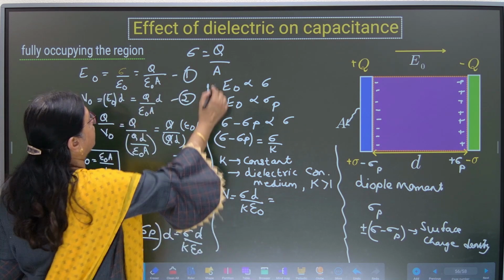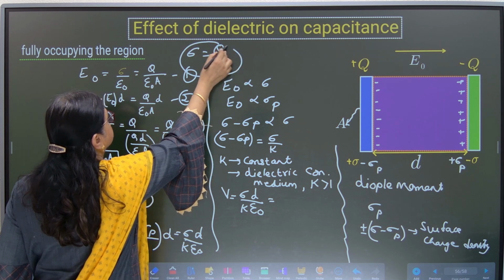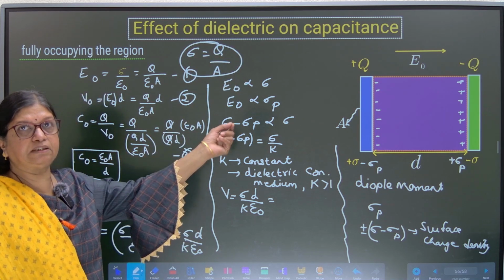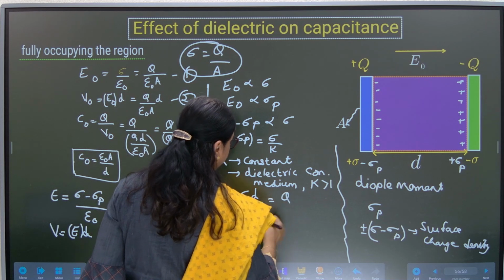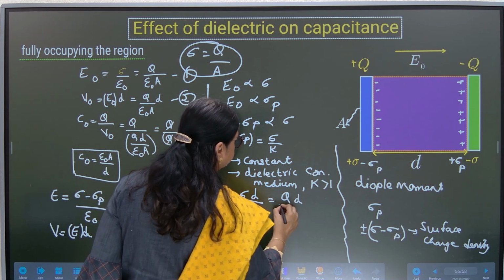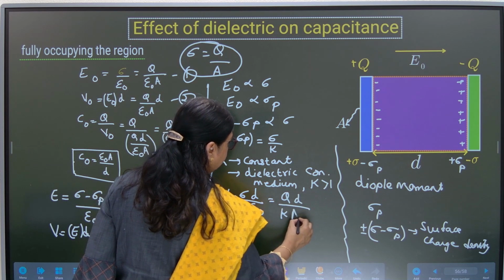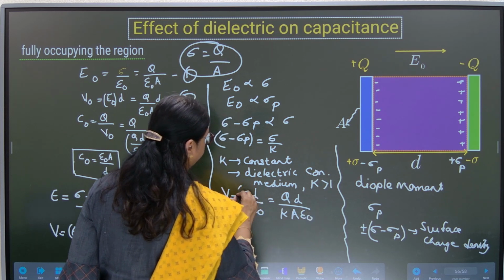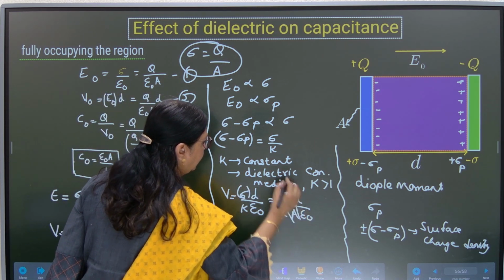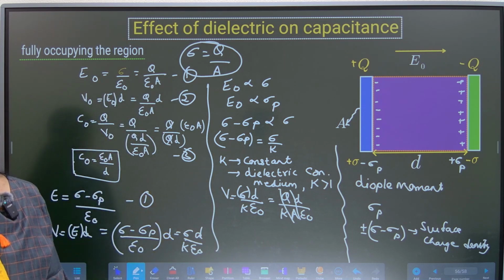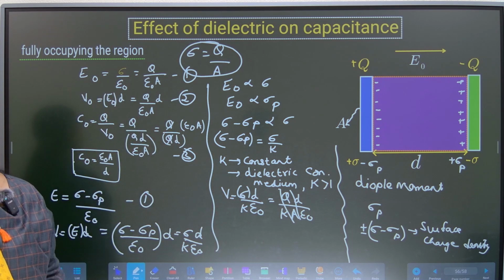But sigma is equal to Q upon A. Surface charge density is equal to charge upon area. Let us substitute that. So V is Q d upon K A epsilon naught, where I have substituted sigma as Q upon A. Fine? Okay.